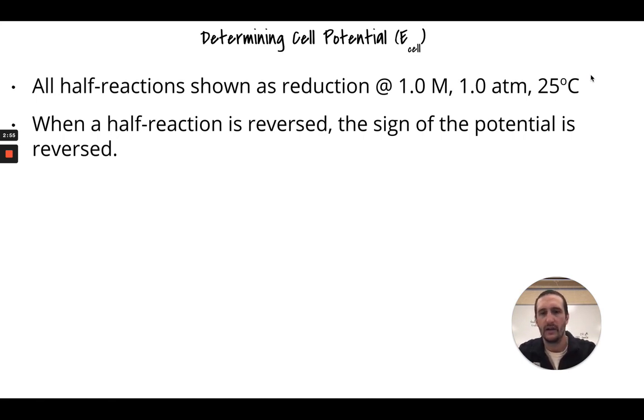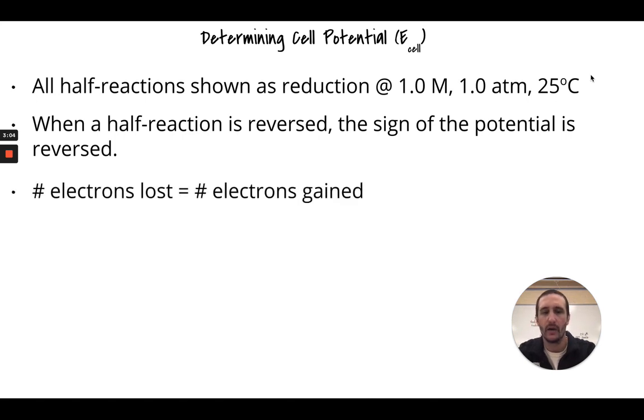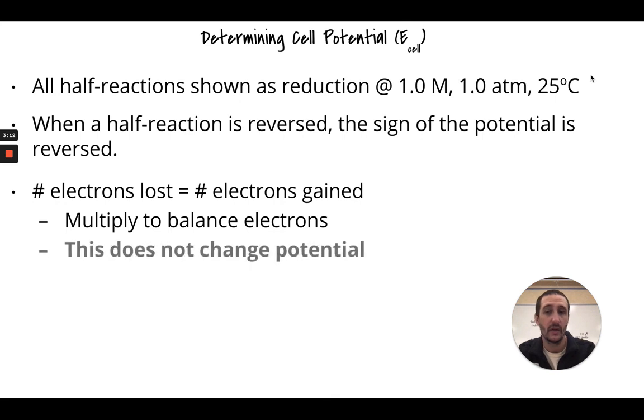So if we know that something is actually oxidized, then we just flip that reaction and reverse the sign of the cell potential. In any redox reaction, the number of electrons lost has to equal the number of electrons gained. And so sometimes you have to multiply half reactions in order to balance the electrons, but this does not change the standard cell potential.